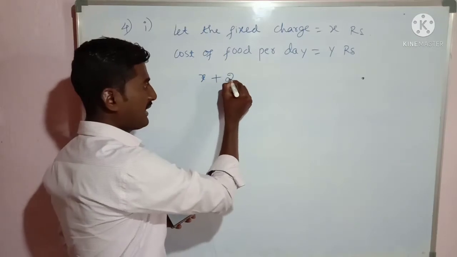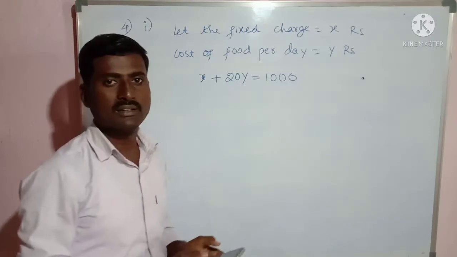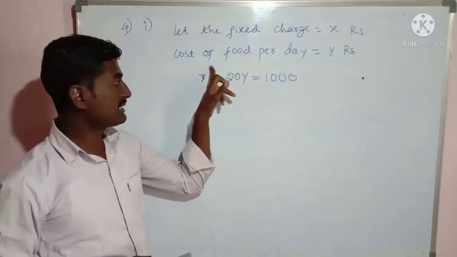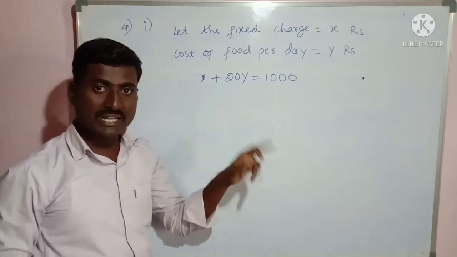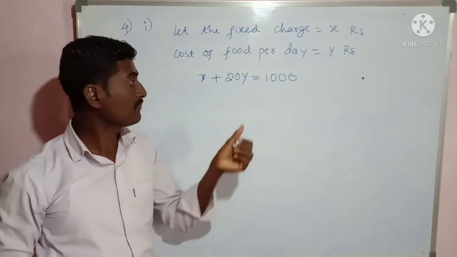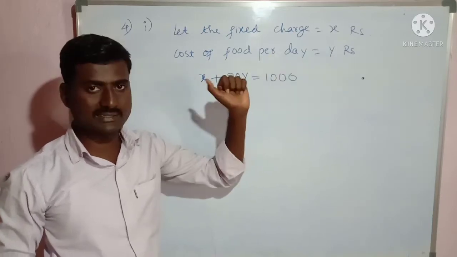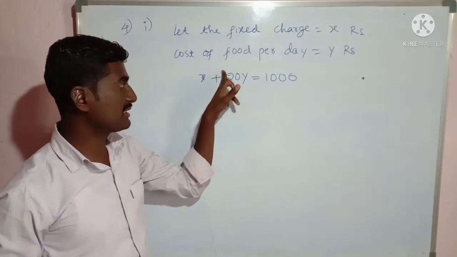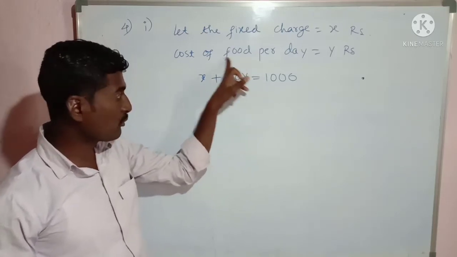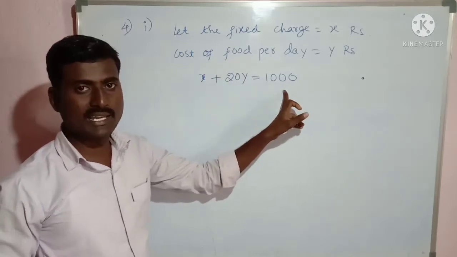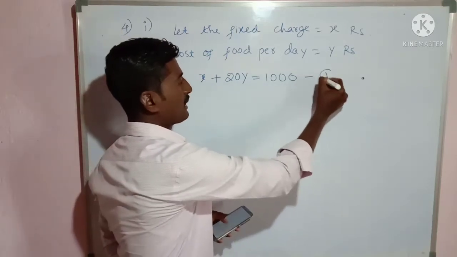It is fixed for everyone. If there is any food for each day, that cost for food is y rupees per day. So she has taken 20 days, so x plus 20y will be the total cost she has paid, that is 1000. Let us take this as equation number 1.